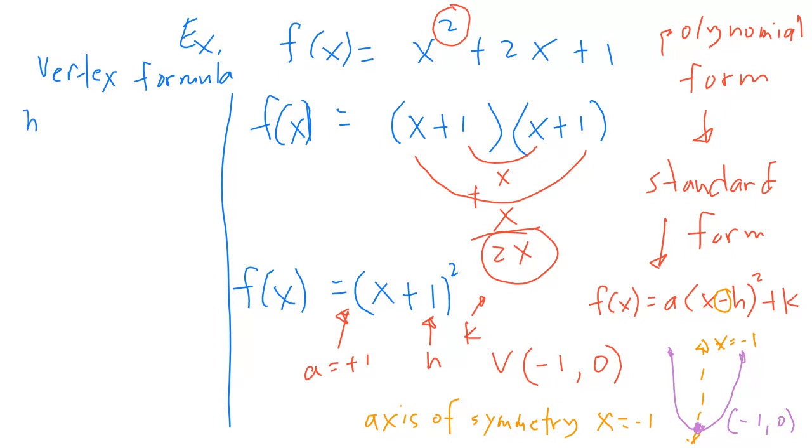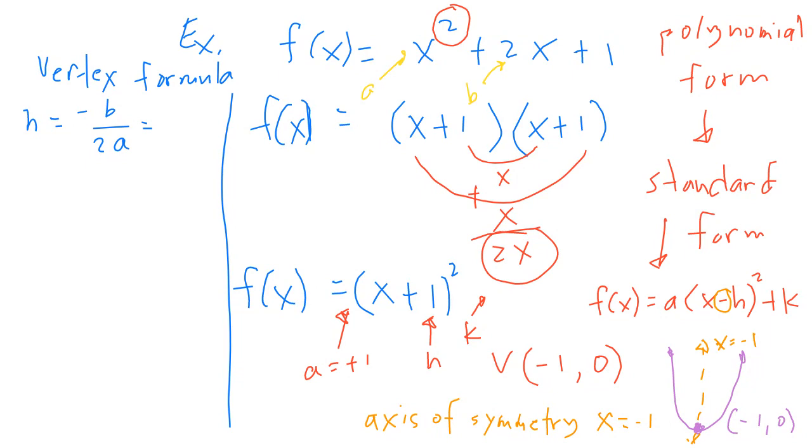Our h here is equal to -b over 2a. And we know what our a and b are here. So here's our a, and then our b.